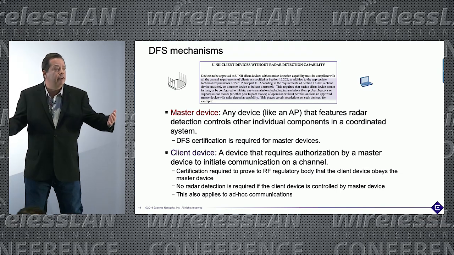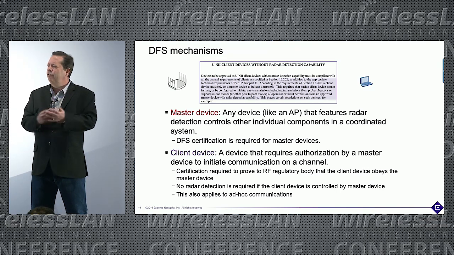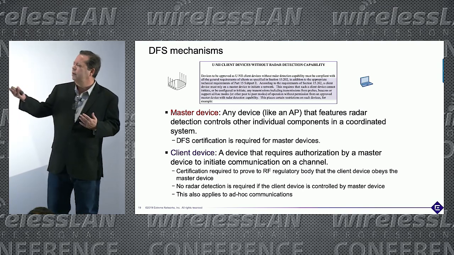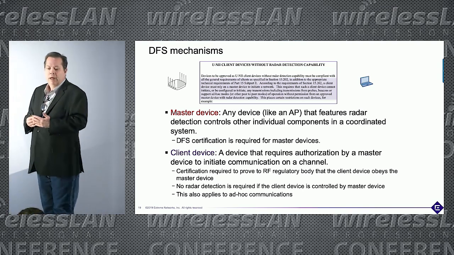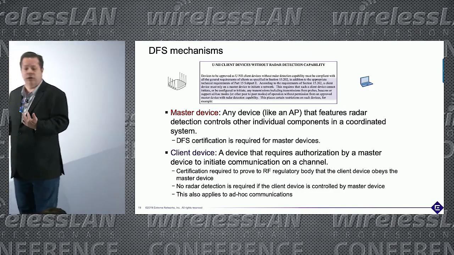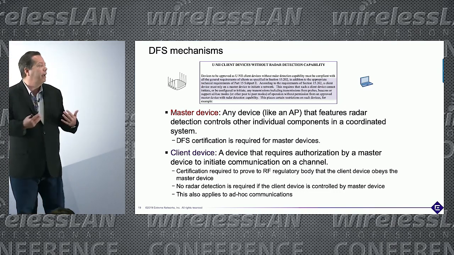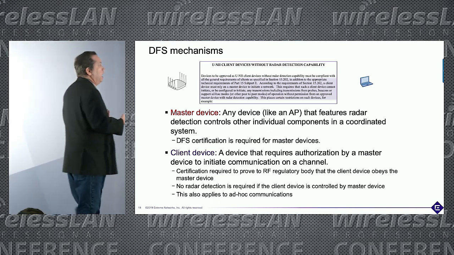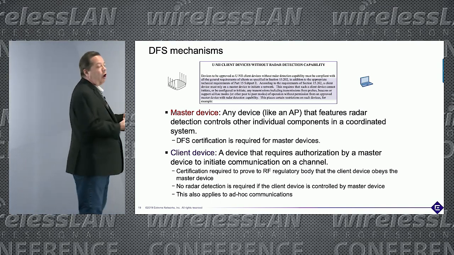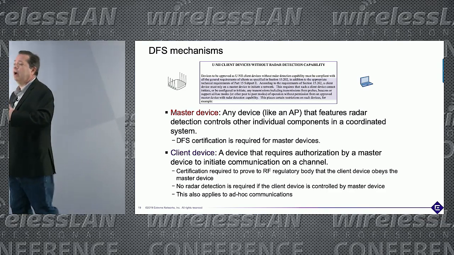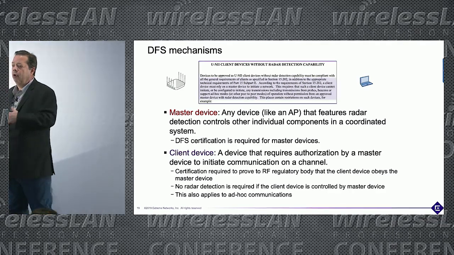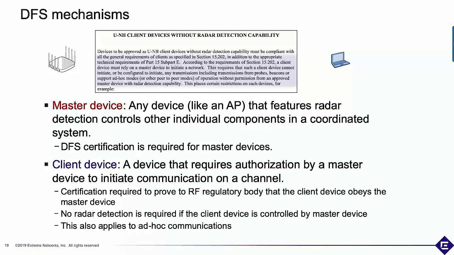A master device is usually an AP, but it could be a wireless LAN controller, okay? It's any device that features radar detection controls and a coordinated system. Basically, it is in charge of all the other devices and making sure that all the other devices don't interfere with radar as well.